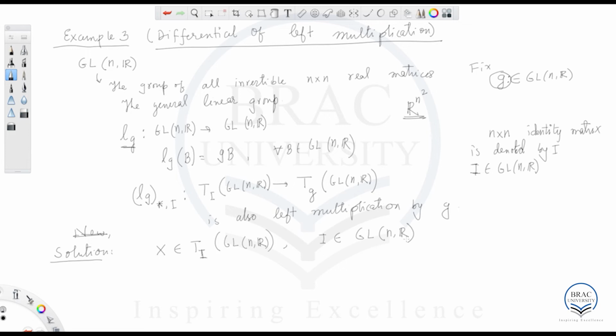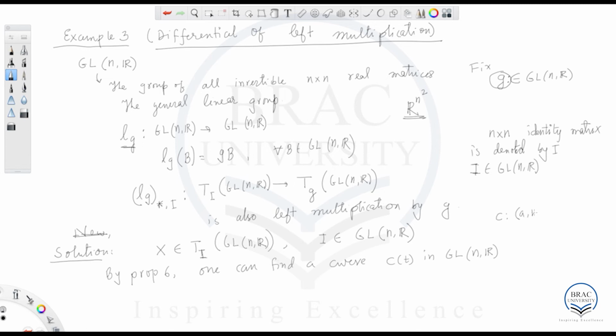So by proposition 6, one can find a curve C(t) in GL(n, R). What is this map C?